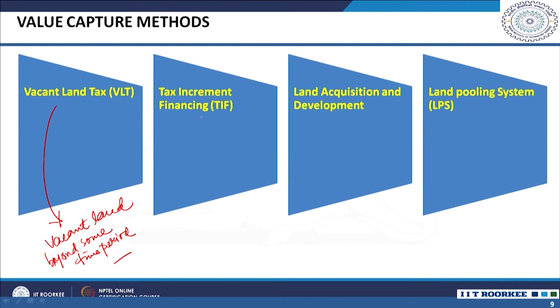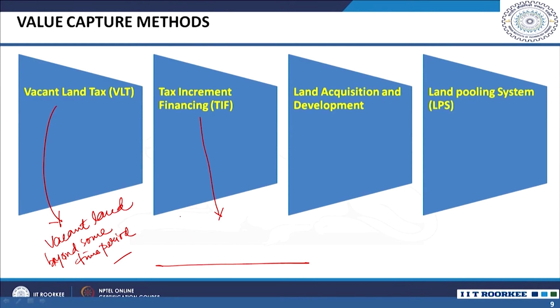Another method is tax increment financing. The objective of tax increment financing is that when in an inner city or any part of the city, due to some congestion and adverse effect, you are trying to renew or regenerate the area by giving additional boosting of financing in the infrastructure projects, and in that case your tax, this could be your basic value of tax, and this could be the increment.